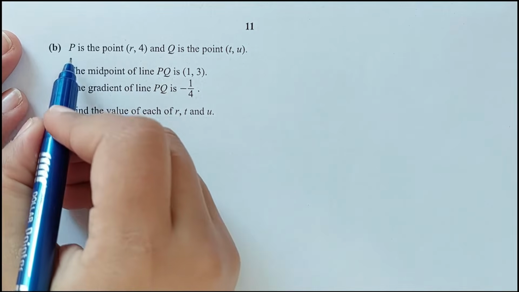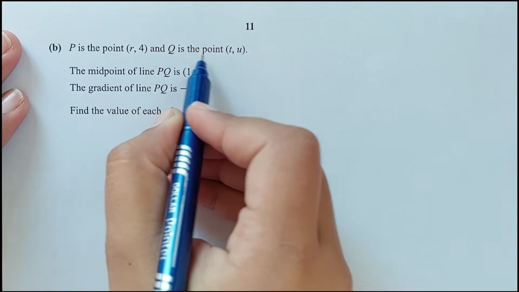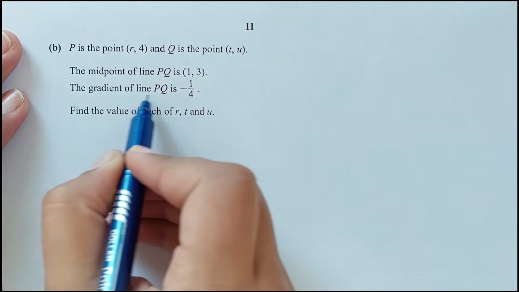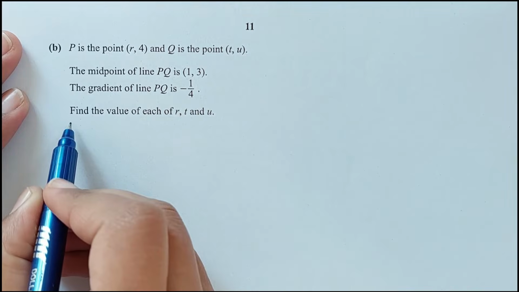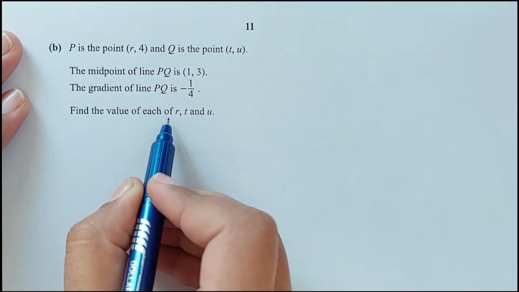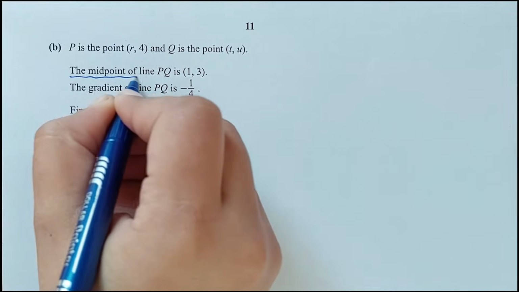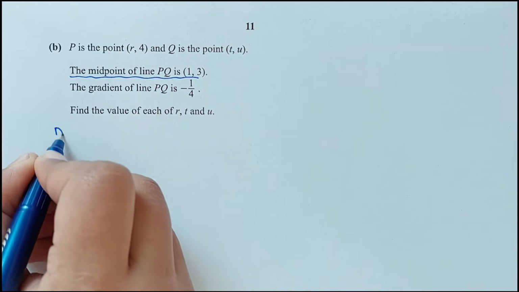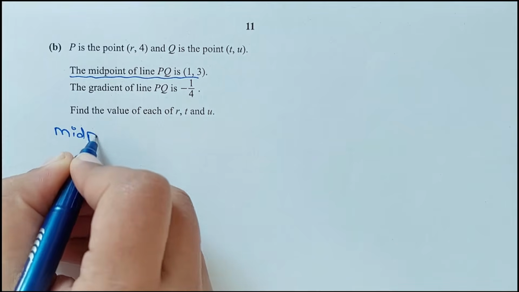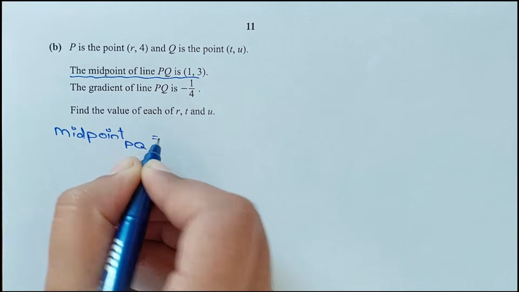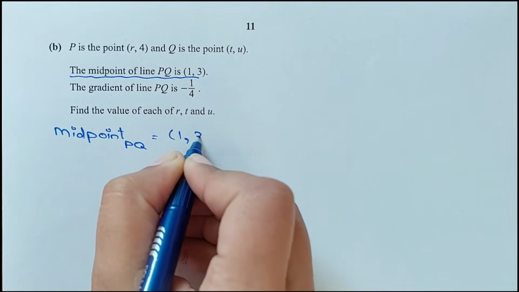Now for part B, P is the point (r, 4) and Q is the point (t, u). The midpoint of the line PQ is (1, 3). The gradient of line PQ is minus 1 by 4. Find the value of each of r, t and u. Okay, so if I use the first information, the midpoint of PQ, which is given as (1, 3).